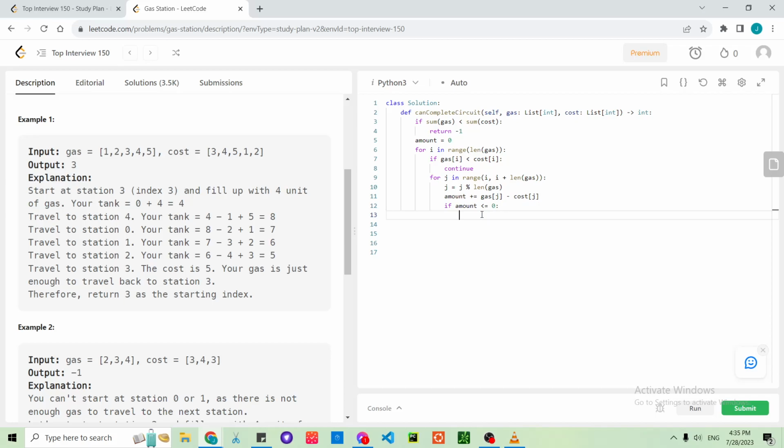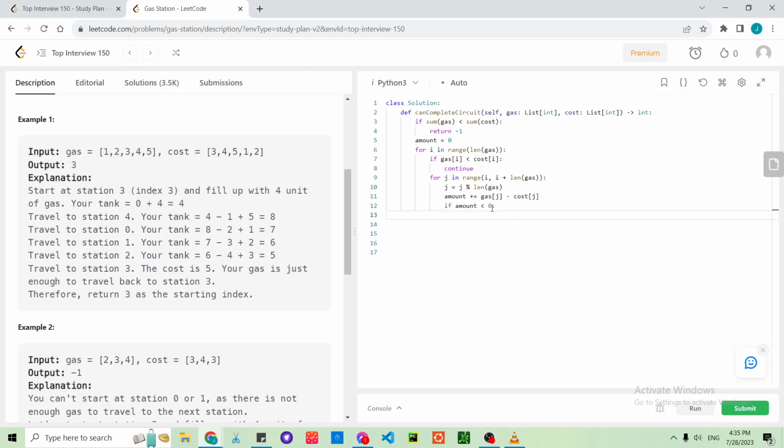See, amount, current gas minus current cost. Okay, if it is 0, then we are standing at the next station, so that actually is fine, because at the next station we will do another gas minus cost.